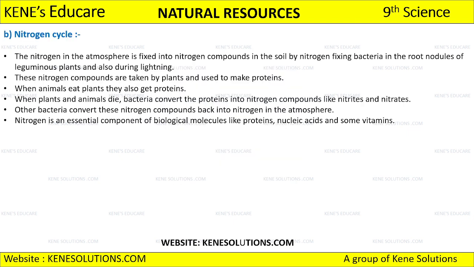After this, we discussed the nitrogen cycle. So I want each one of you to please go through this slide as well on nitrogen.